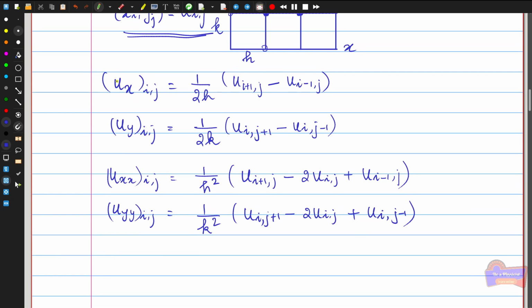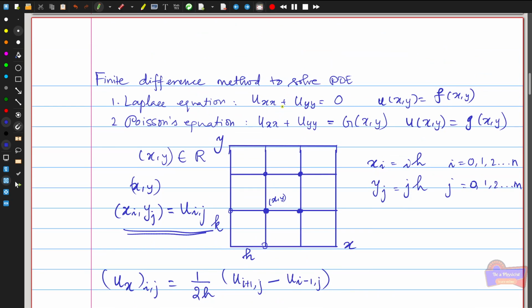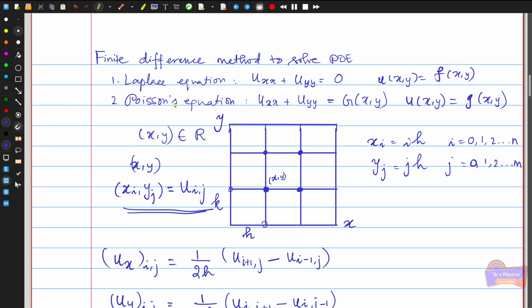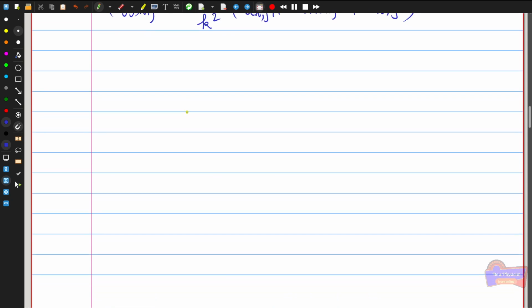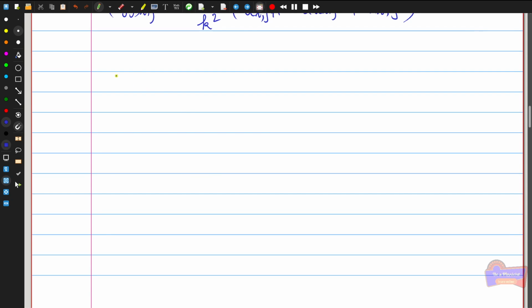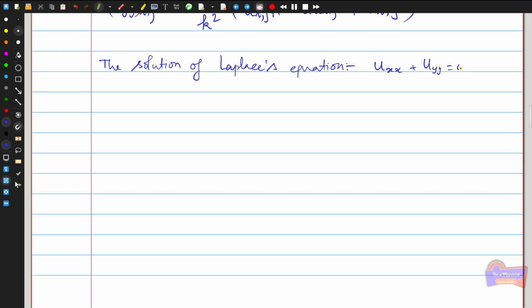Now you can directly substitute these values into the Laplace equation to find the final relation. So, the solution of the Laplace equation. The Laplace equation is uxx plus uyy equal to 0.